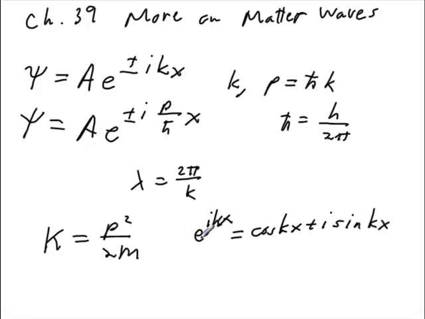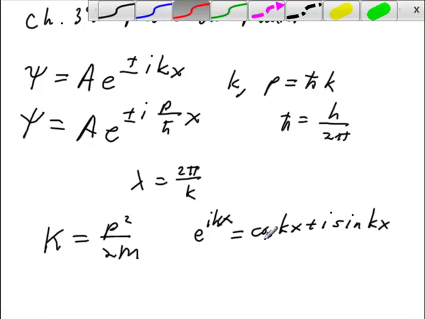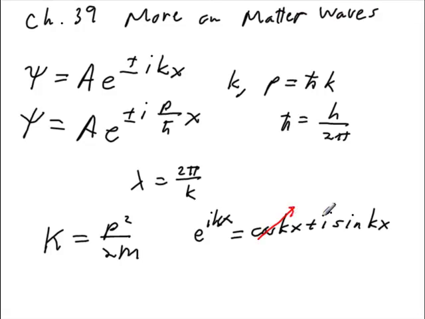Then if we combine a right-moving e to the i kx with a plus and a left-moving e to the i kx with a minus, we can get this cosine term to cancel out. Standing waves are always a wave moving left and a wave moving right. And we're left just with this sine kx term.